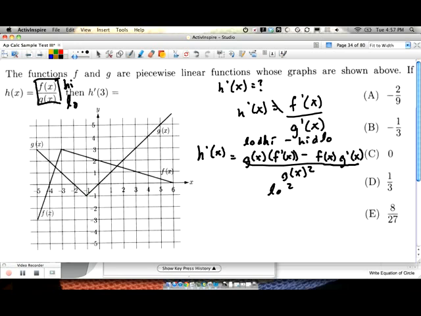So let's do some color coordination here. Let's start out with the g's. I'm going to have g of 3 and g of 3 squared. So I need to figure out what g of 3 is going to be. So g of 3 equals, okay, let's see. That means I look at the function g, and I go to 3, and g of 3 equals 3.